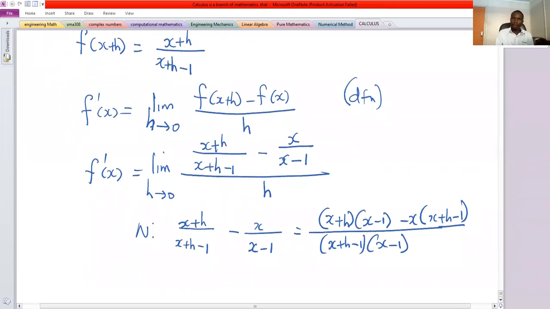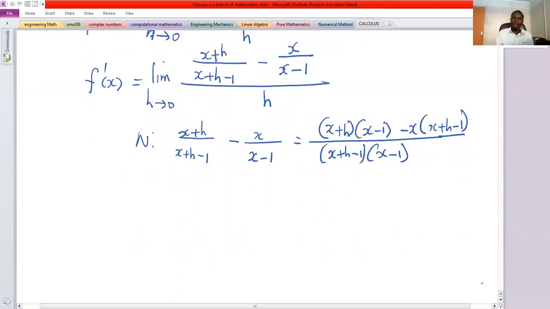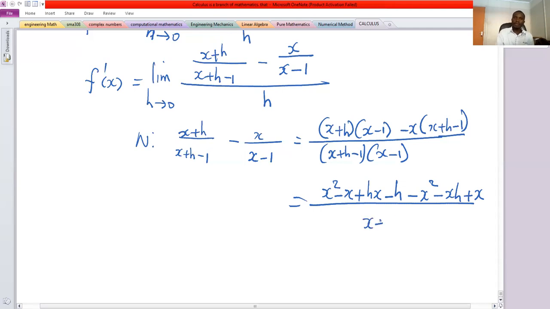Then opening the brackets, we'll have x squared minus x plus hx minus h minus x squared minus xh plus x. And then we don't have to open this.